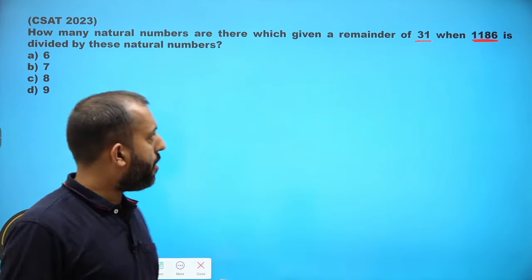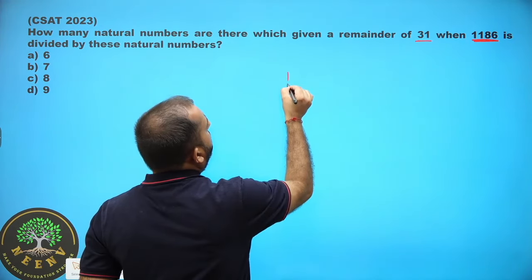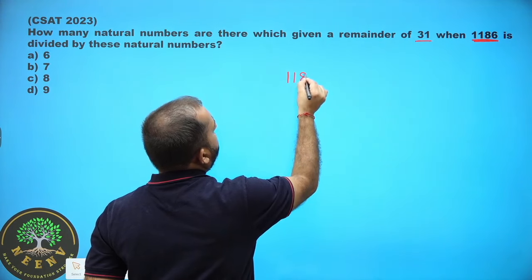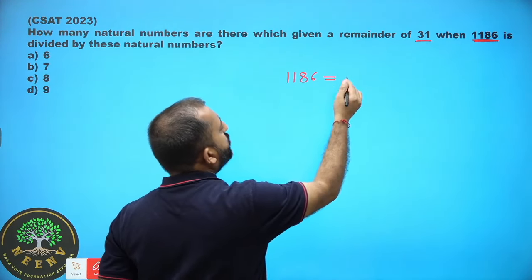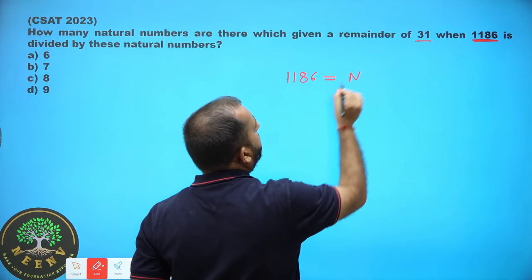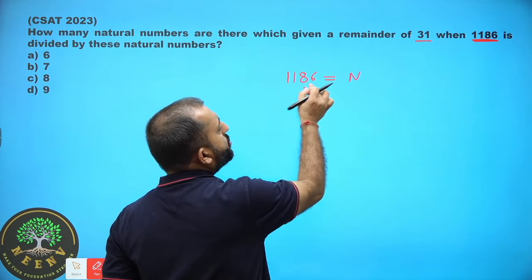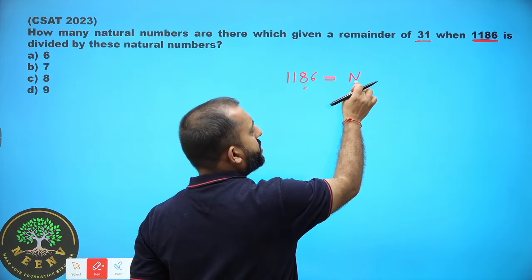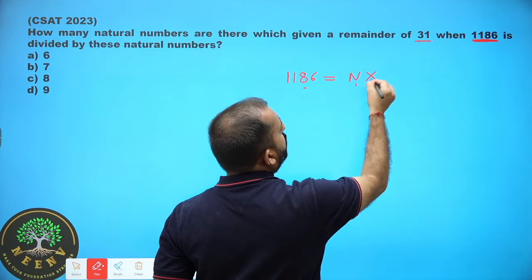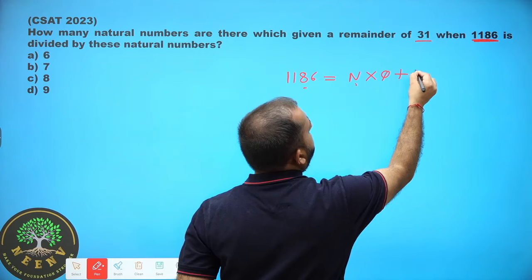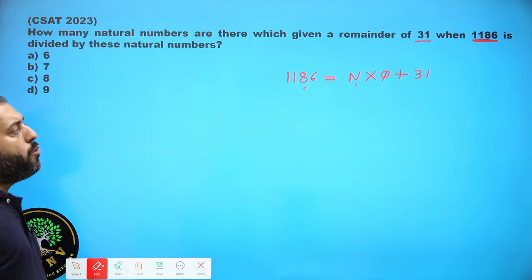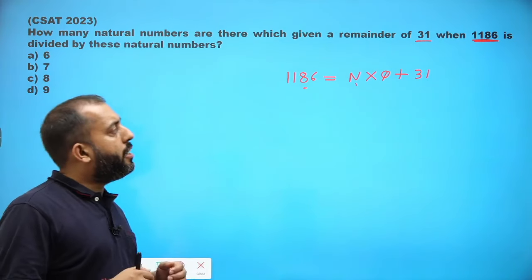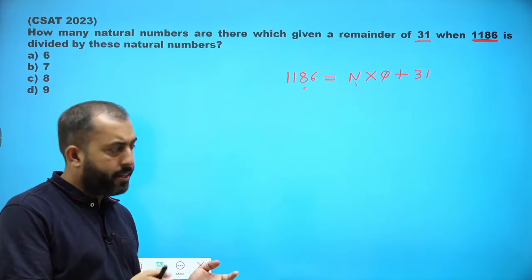Okay. Now, you know the dividend, which is 1886 over here, is divided by a natural number, let's say n. We know dividend is equal to divisor into quotient plus remainder.